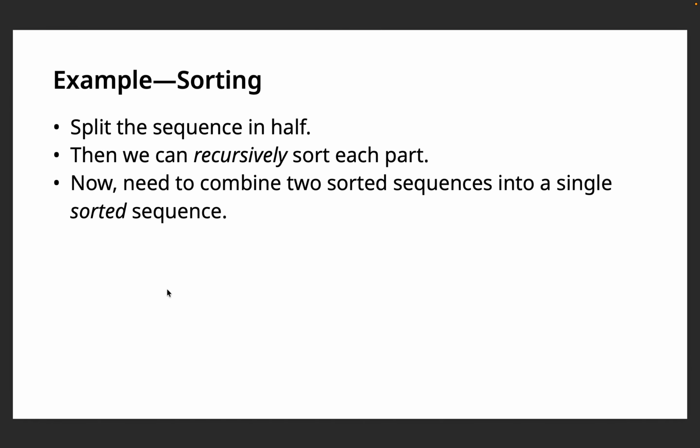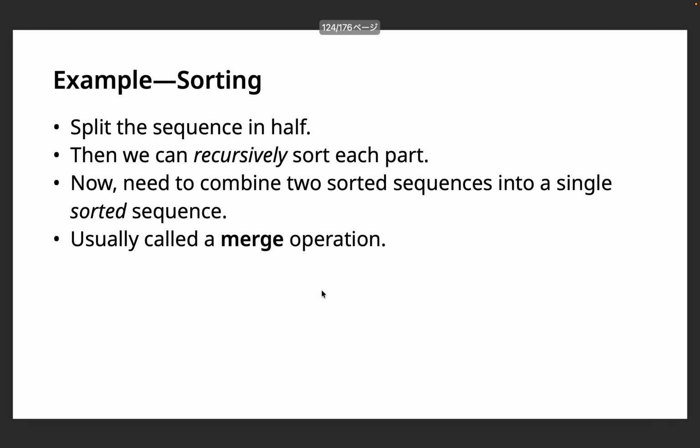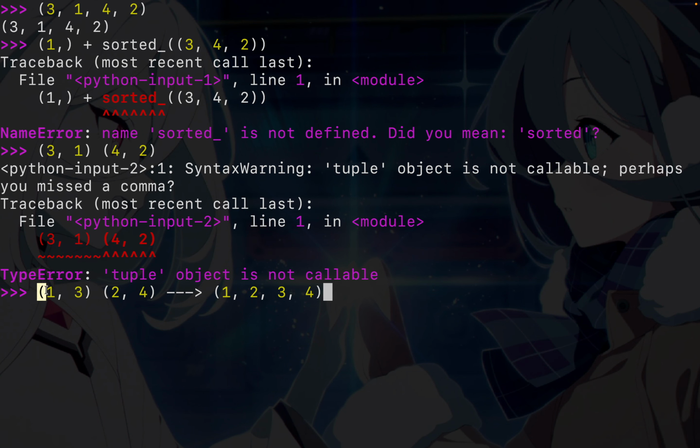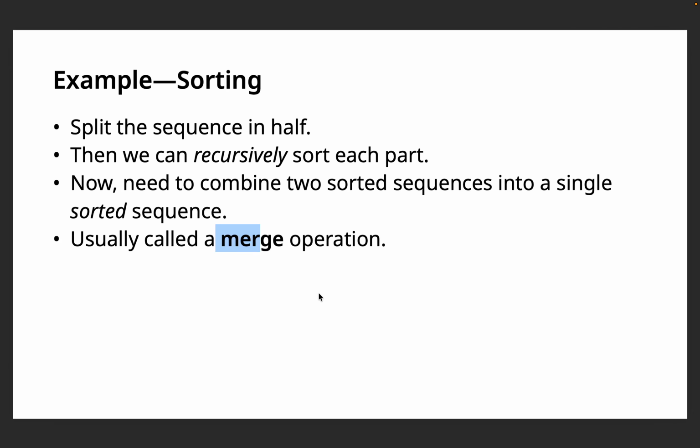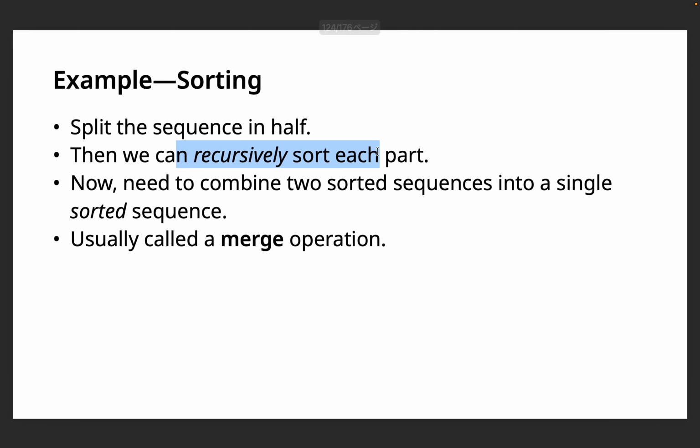So we have to somehow combine two sorted sequences into a single sorted sequence. So how do we do that? This is usually what we call merging. We merge these two smaller sorted sequences into a larger sorted sequence. Okay, so let's look at this recursive part first.